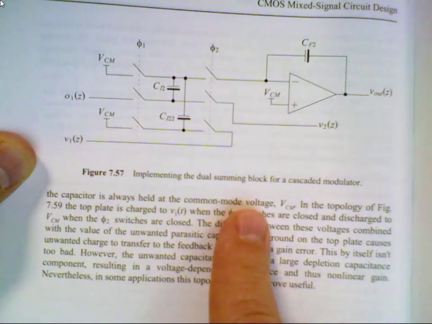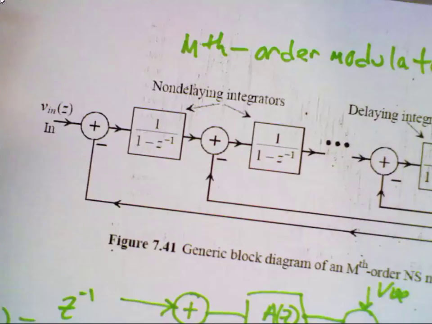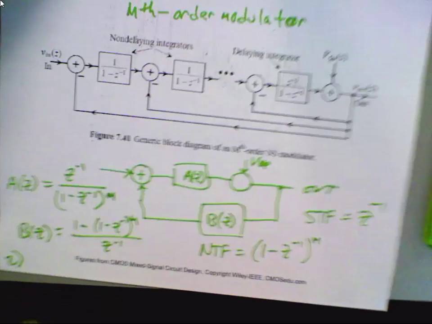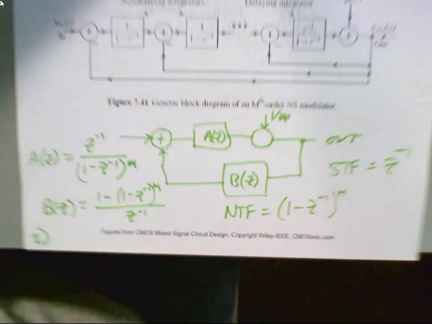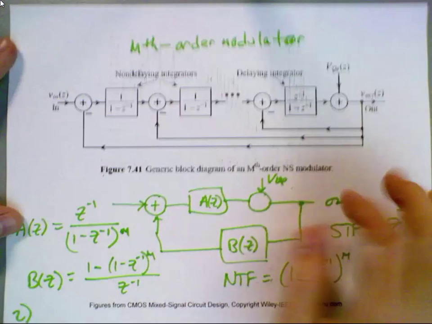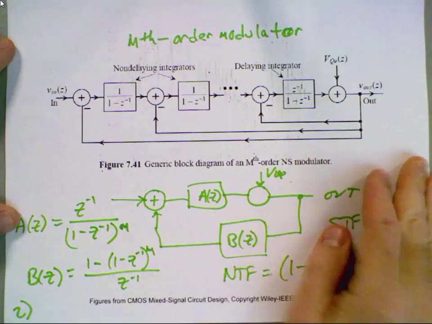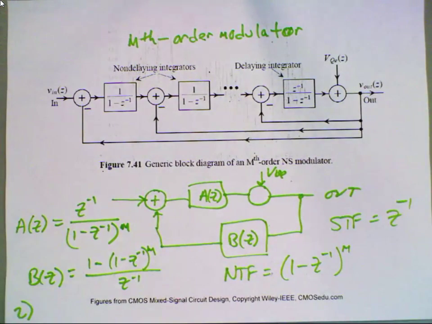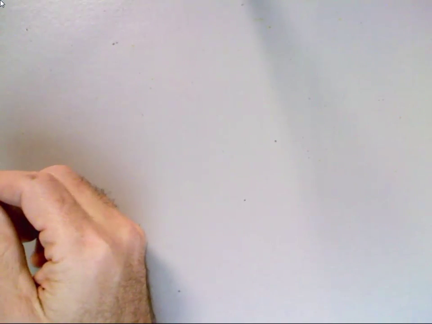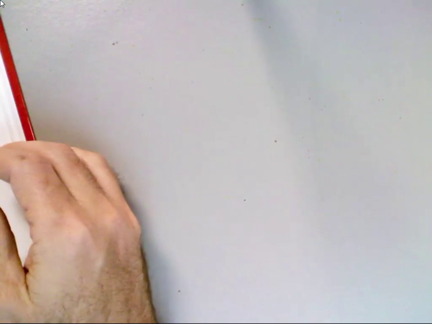Does everybody follow that? Okay, so if I could do a cascade of non-delaying integrators, what would be the result? How would I benefit from that? How would I improve my performance? You can probably guess in your mind, for first order, we had how much increase in SNR for doubling and effective number of bits?